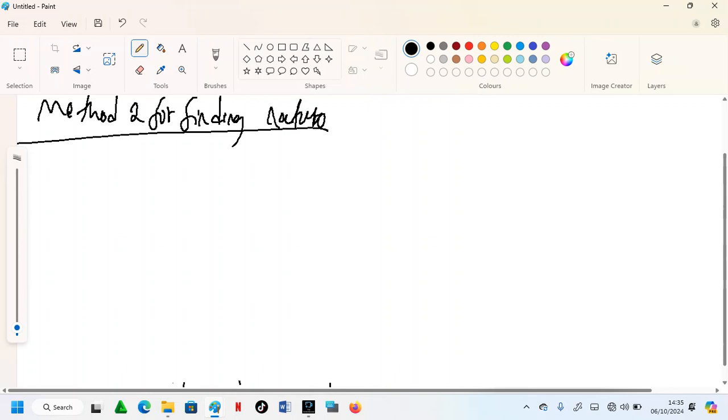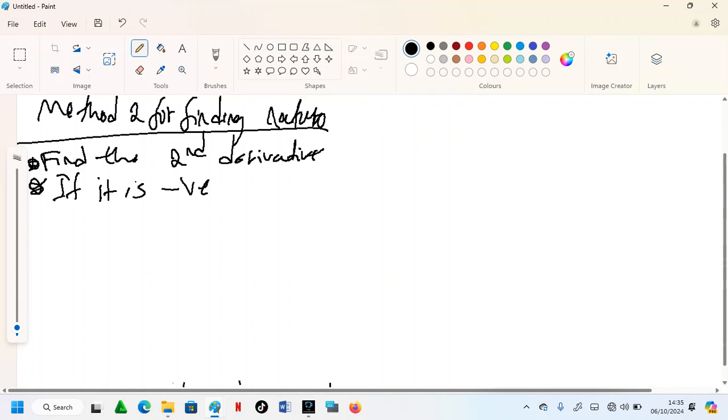you can just go ahead and use method 2, and it is simply to find the second derivative, right? After finding the second derivative, if it is negative, then it means a maximum. If it is positive, then it means a minimum, right?